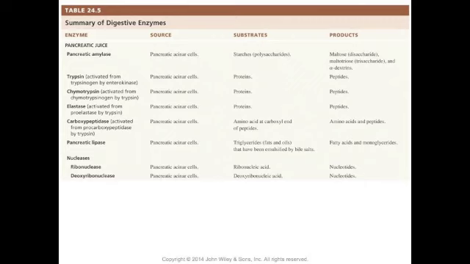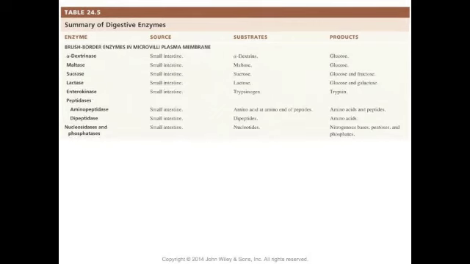And this slide is also a continuation of 24.5. So like I said, please review these tables on your own time. They have a lot of useful information in them.